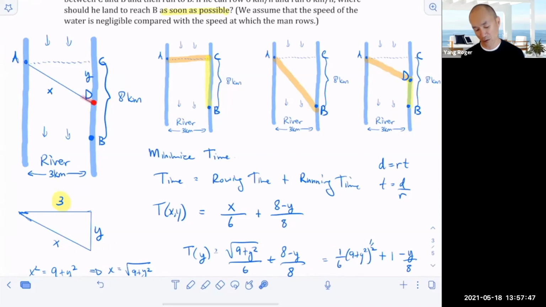So this is really a closed interval question, because if I row all the way across, then the whole distance is going to be 8. If I row directly to point B, then the distance you run is 0. So we really want to consider all 3 of those cases.